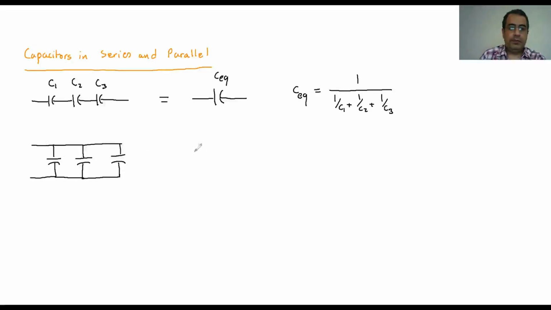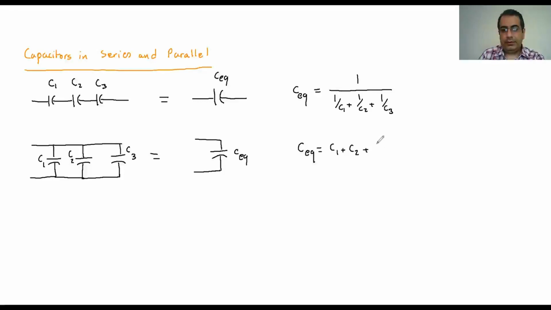If we have something like that, again, I can replace that with a single capacitor like this. I call it again the CEQ. And this time, as I said, we are doing the opposite of what we do with the resistance. We just add: C1 plus C2 plus C3.